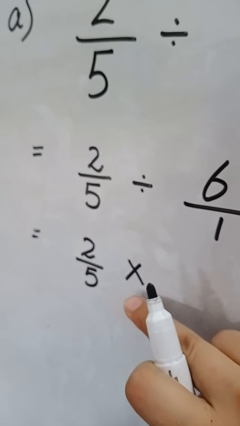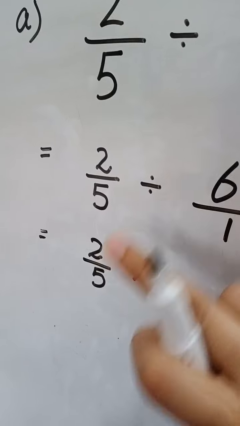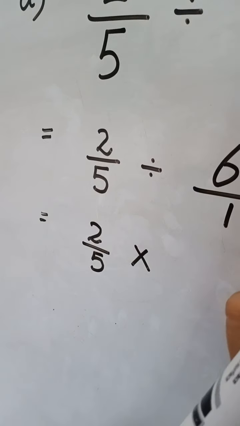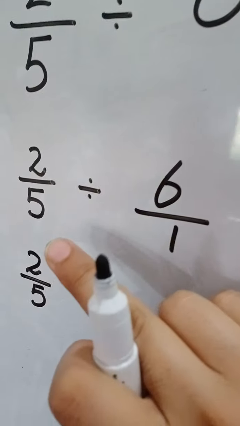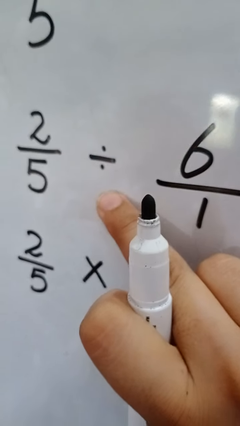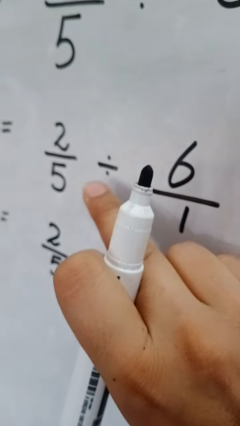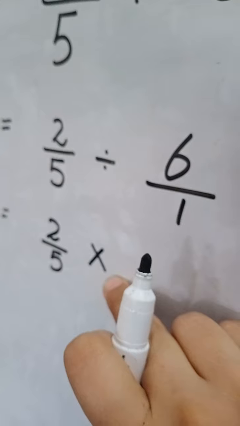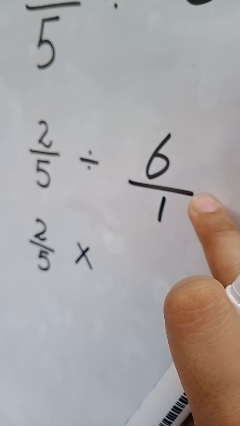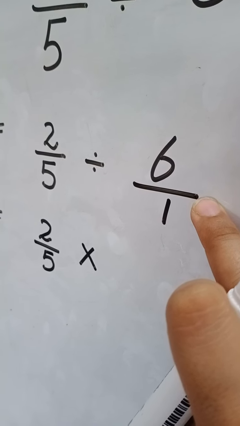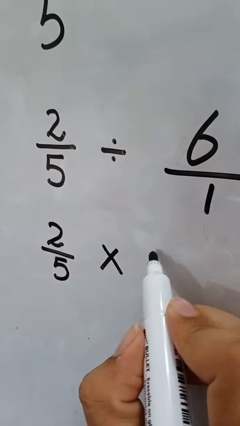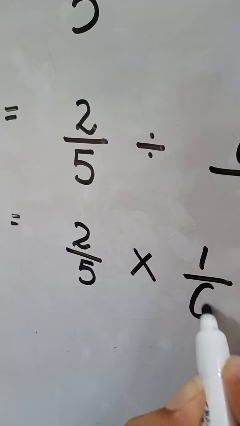Why? Because you know that multiplication and division are reciprocal, opposite to each other. So when you have a division sign between fractions, the division will change into multiplication and the number written after the division symbol will be reciprocal. 6 by 1 will become 1 by 6.